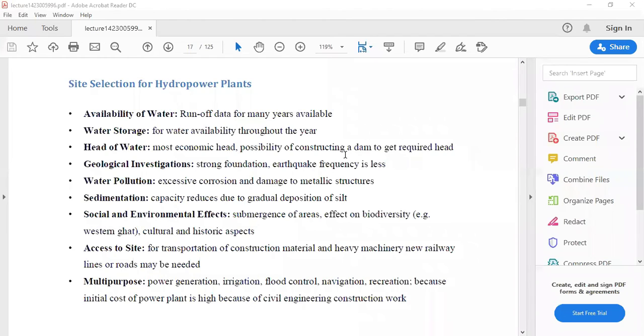As everybody knows, the reservoir of a hydroelectric power plant has a very large catchment area. Take an example which is very near to us and common to everyone who lives in Maharashtra, that is the Koyna hydroelectric power station.